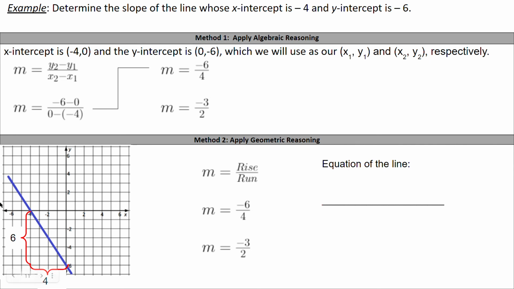So, having said this, we can calculate the rise and run. We have a fall of 6 and then a run of 4. In which case this gives us -6/4, which is -3/2. So we can find the equation of the line, which is y equals -3/2 x minus 6. Keep in mind this -6 comes from our y-intercept.